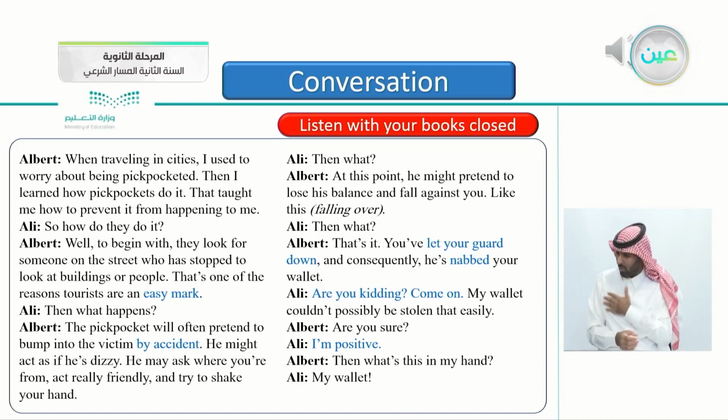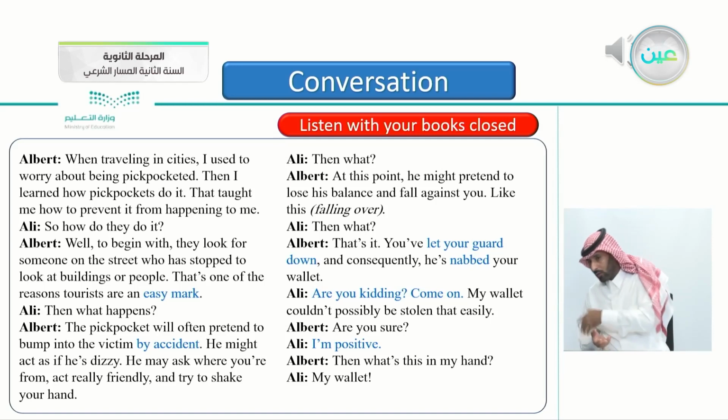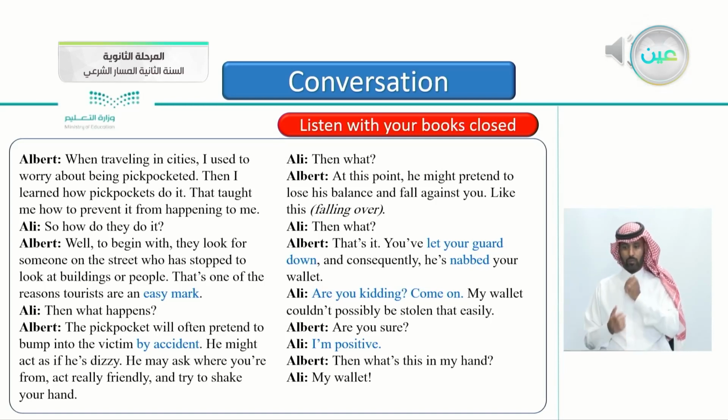He might act as if he's dizzy. He may ask you where you're from, act really friendly, and try to shake your hand. Then what? At this point, he might pretend to lose his balance and fall against you. Like this. Then what? That's it. You've let your guard down, and consequently, he's nabbed your wallet. Are you kidding? Come on, my wallet couldn't possibly be stolen that easily. Are you sure? I'm positive. Then what's this in my hand? My wallet!